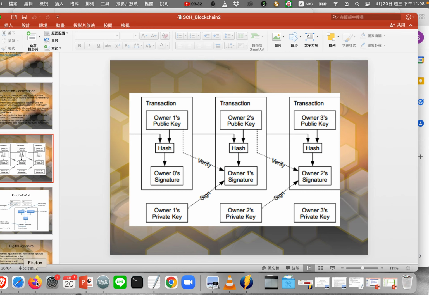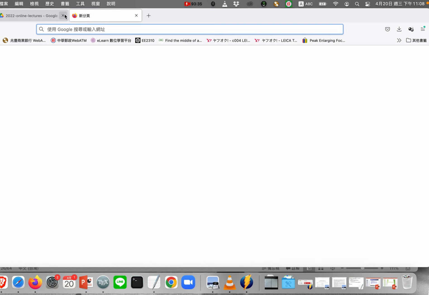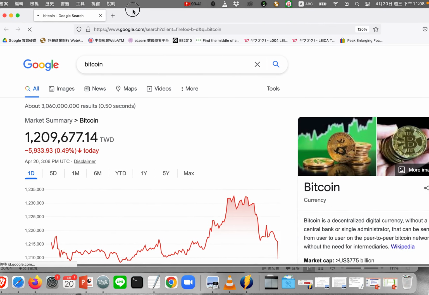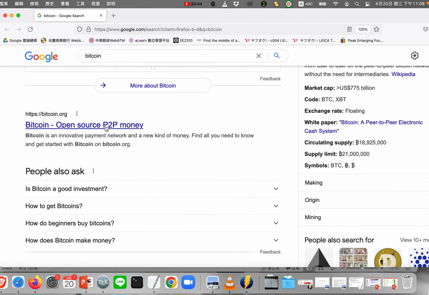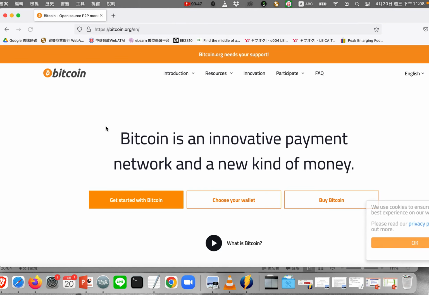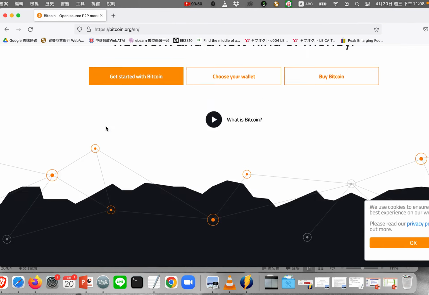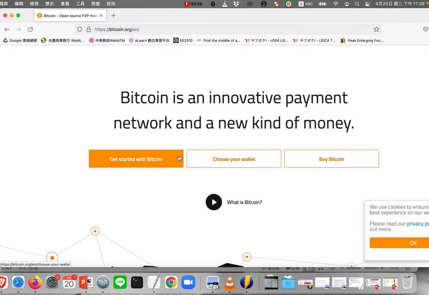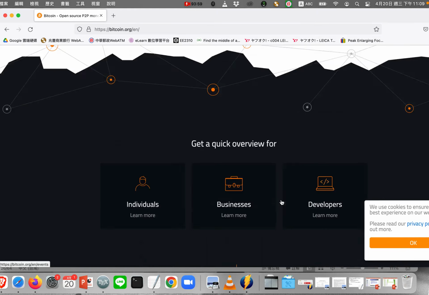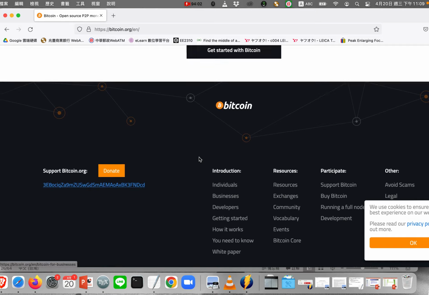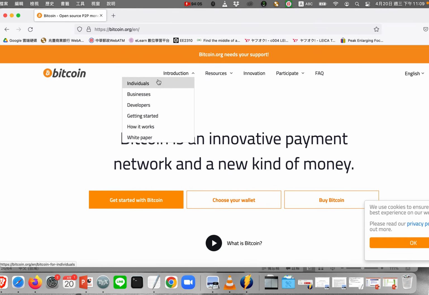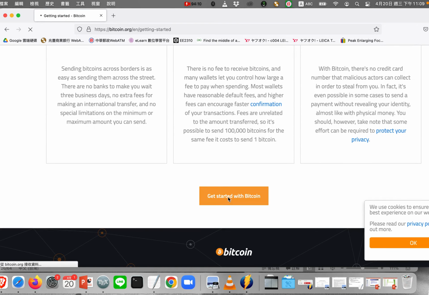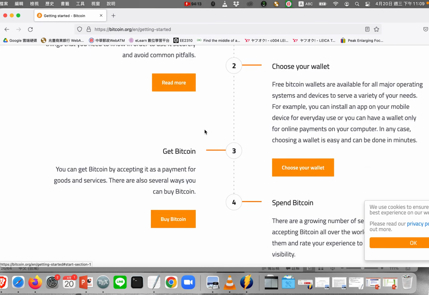For example, if you type Bitcoin, we can take a look at the Bitcoin transaction details. Now let's take a look.